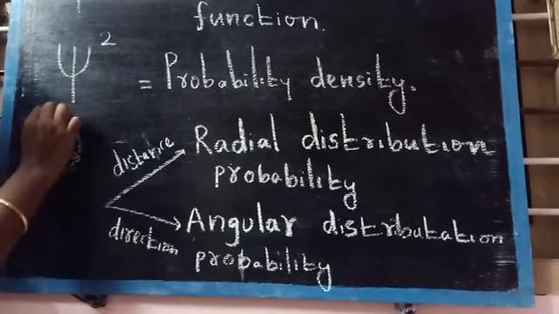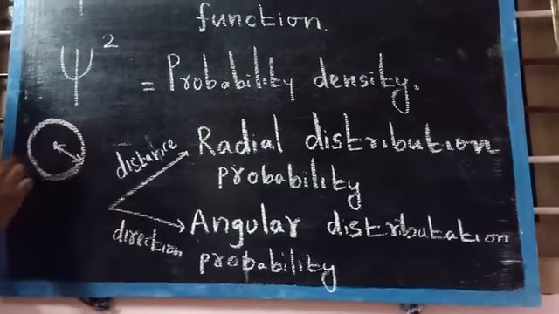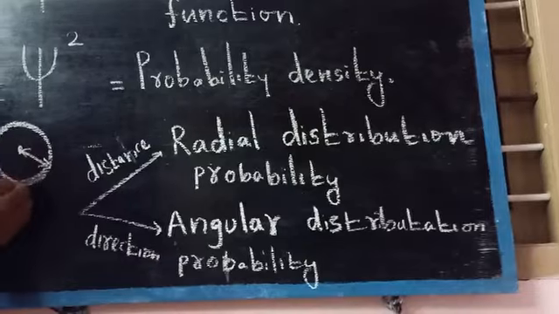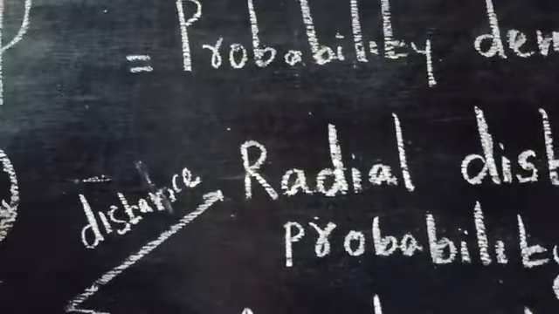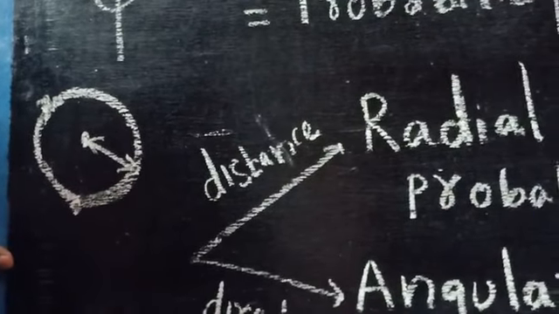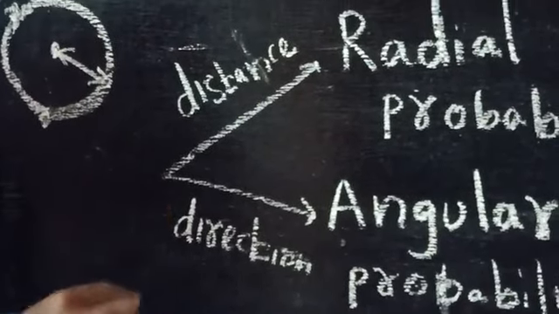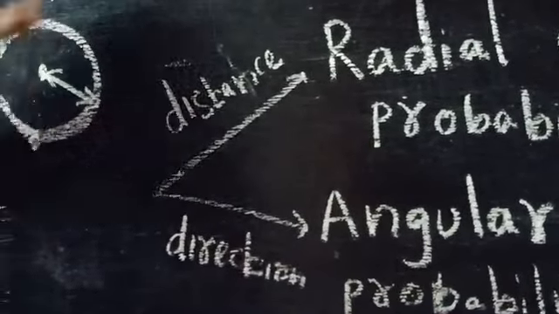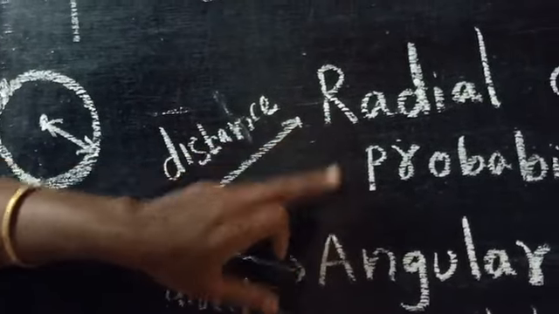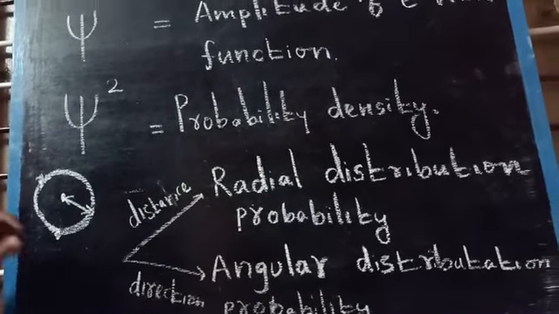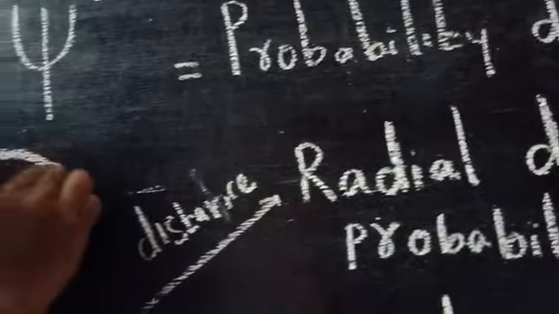That means the orbital is spherical in shape, not flat. The electron may be present here or here, wherever it is present. So to measure the direction, the angle, we use the angular distribution property. So psi square varies with two concepts: one is the distance and another one is the direction, because it is spherical in shape.